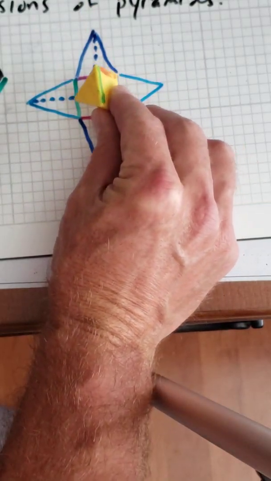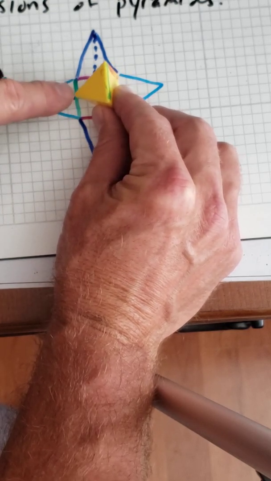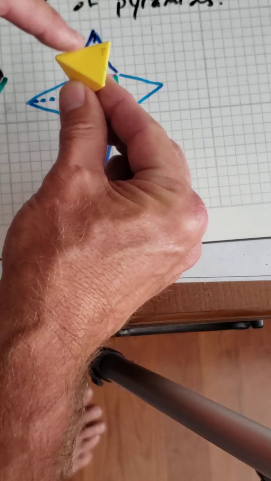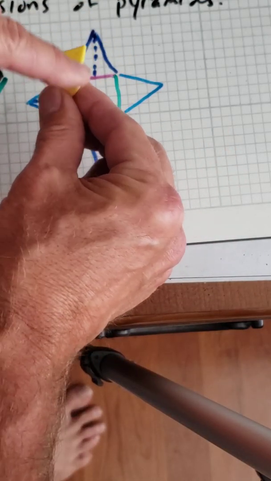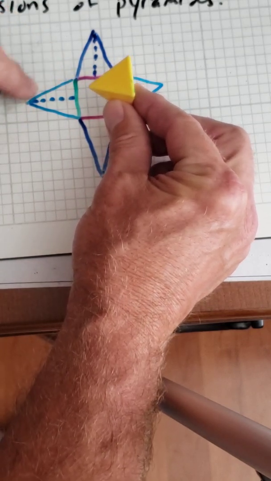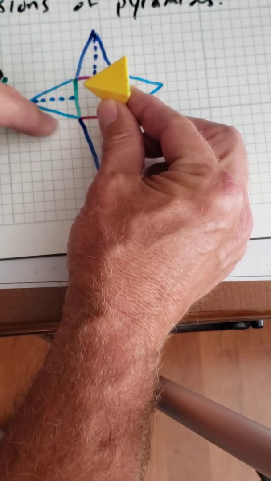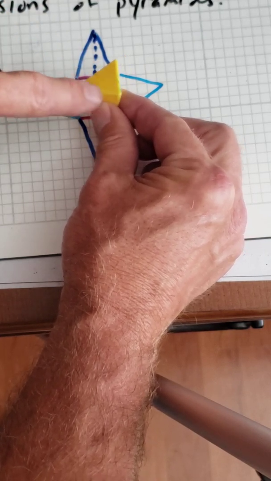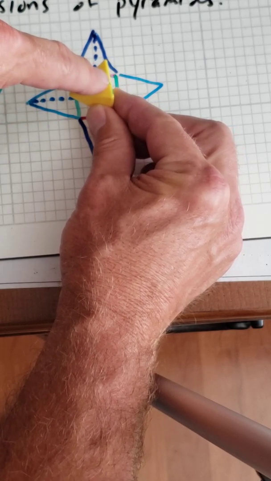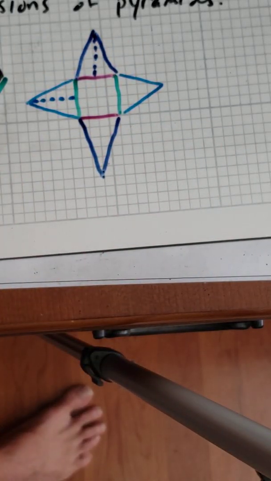Well, you can see there's my green line, that's my green line, and that dashed line is going straight from the tip, straight down to the side. It's not one of these edges. That's what I was saying at the beginning. The height that I need for this triangle has nothing to do with this side over here, which is that side right there, and has nothing to do with this side over here, which is that side right there. Okay, so this height from the tip to the edge where that green side is has a name. So I'm going to draw that in there for us.